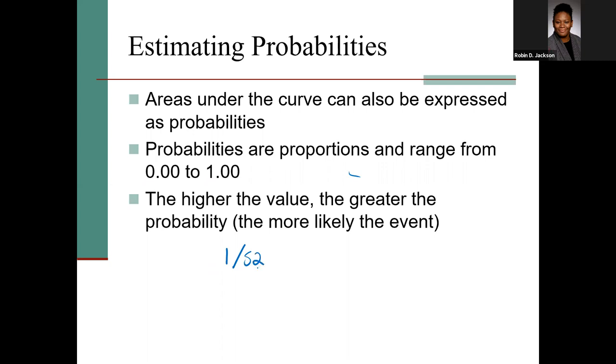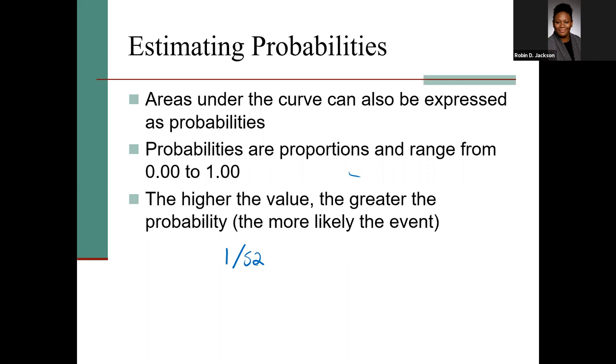Maybe we want to know the probability of pulling the King of Hearts from the deck, and that probability is 1 out of 52 because we have a full deck of cards. There are 52 cards. Our success of pulling out the King of Hearts is 1 because there's only one King of Hearts in the deck. Well, what is the number of events? There's 52. So 1 out of 52.